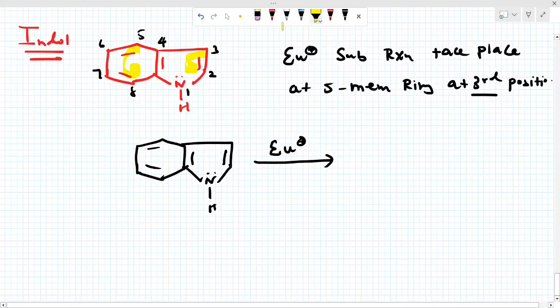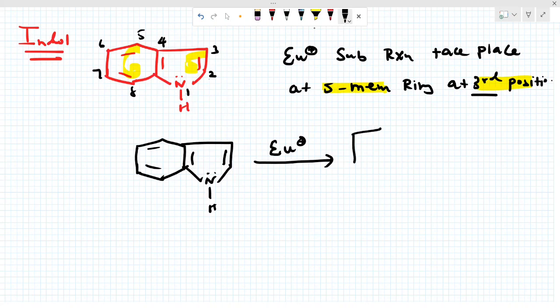Where is the substitution reaction going to take place? In the 5-member ring, at which position? Third position. What is the third position in the 5-member ring? Listen, this is a 5-member ring, right? 1, 2, 3, here it is going to substitute, going to attack, right? Here is the nitrogen atom, 1, 2, 3.